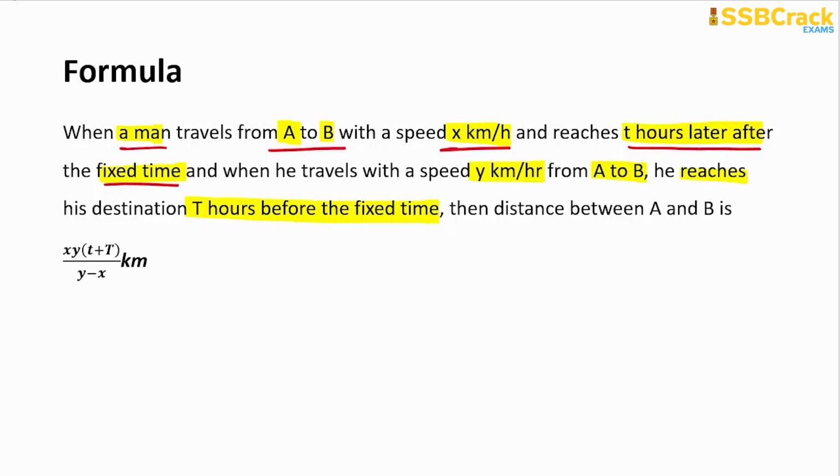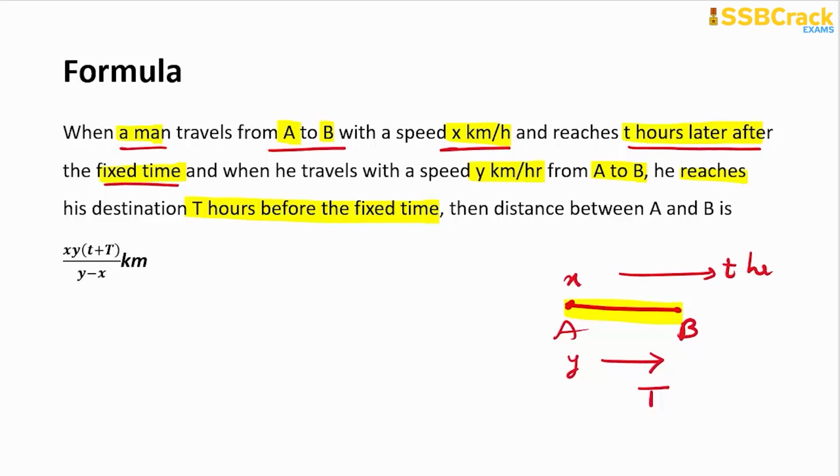You understood the scenario in the formula, that how it has to be? There is a person who is traveling from point A to point B, right? When he is traveling with the speed x, he is getting delayed by time period t hours. But when he is traveling with the speed y, he is reaching early before the fixed time, and those hours are mentioned, capital T hours. And if that is the scenario, then we can know what is the distance between the 2 points, or we can also say what is the distance traveled by the person starting from A to B. In other words, the total journey, right?